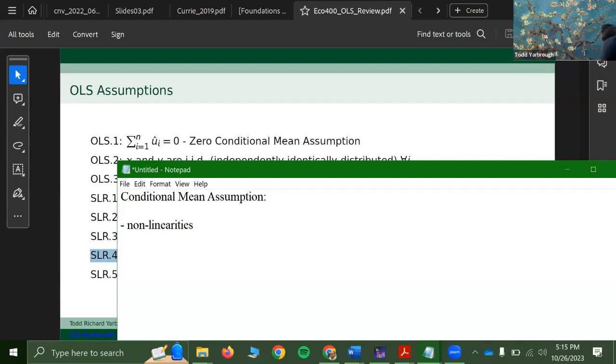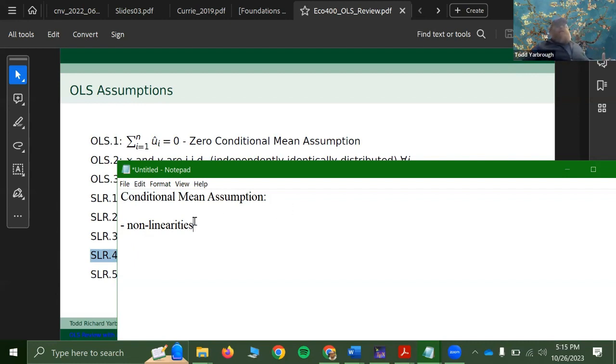One of the things that could cause us to violate it is that we are estimating linear relationships, but in fact, there are nonlinear relationships at play. So in other words, I write a linear regression, I assume a linear relationship, but let's say that in the population, the actual relationship is nonlinear. In the presence of nonlinearities, we would violate the conditional mean assumption.